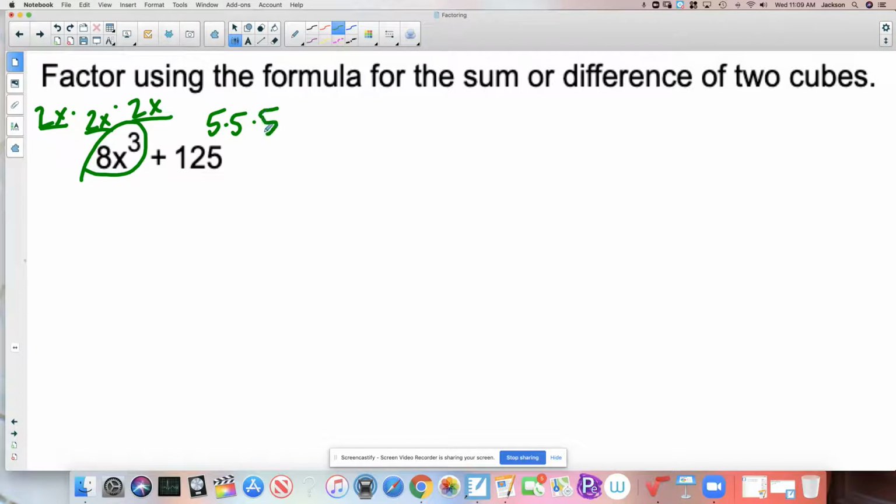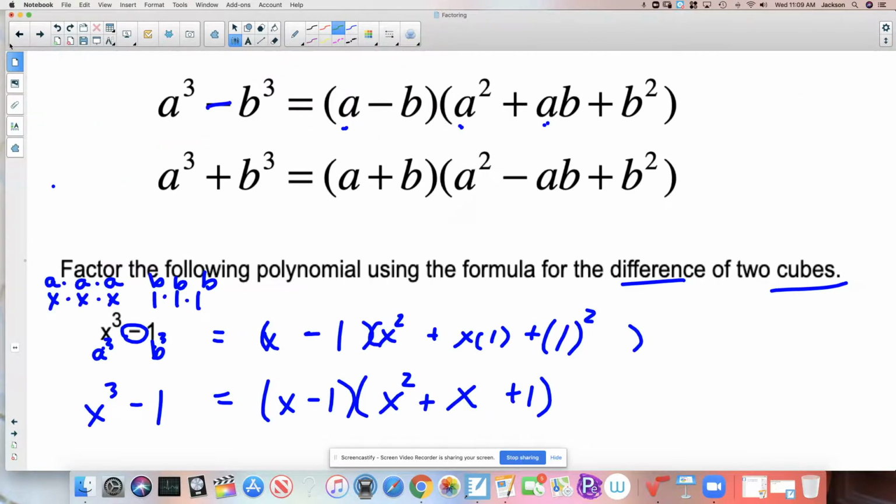And 125 is 5 times 5 times 5. Now, if we're going to be able to use the sum of cubes in this problem, these numbers have to be the same. That's what makes this cubed, right? 5 times 5 times 5 is 5 cubed. Now, in a previous video, we wrote down what this format looks like for the difference of cubes. The sum of cubes looks like this.